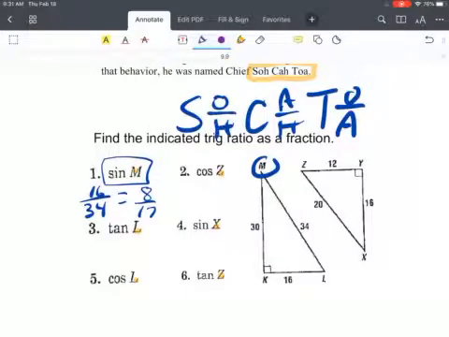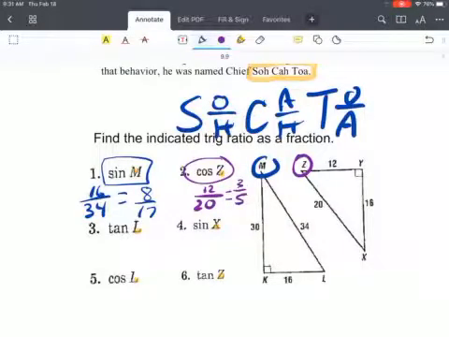For 2, we're looking at cosine of Z. Looking at Z, the adjacent leg to Z is 12, and then the hypotenuse is 20, which reduces to 3/5.